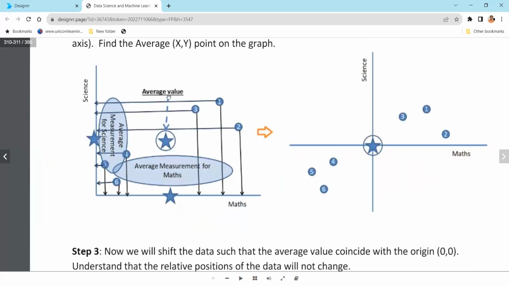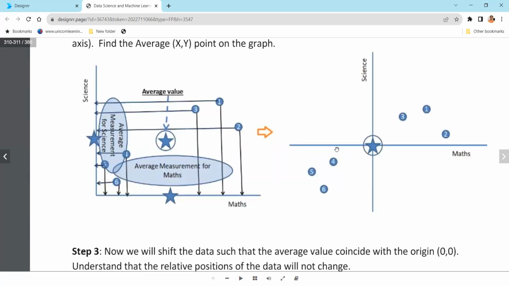We are taking the average of all the values of science and of maths. If you take the average, you will get somewhere here. Now you move this to the origin, so that the average becomes 0.